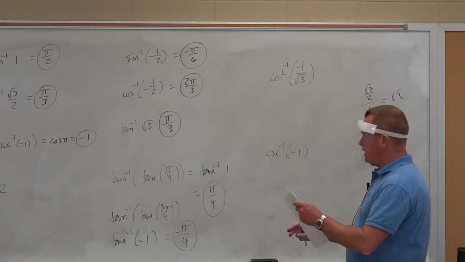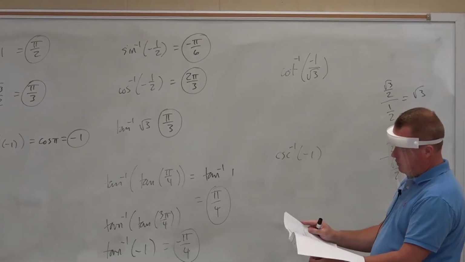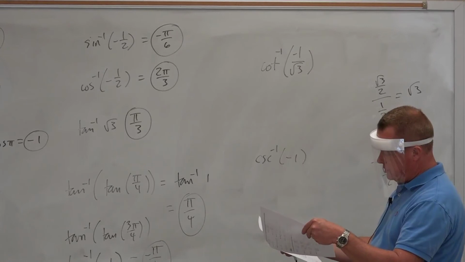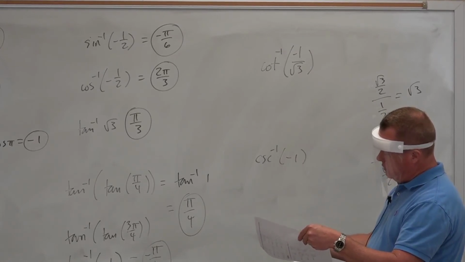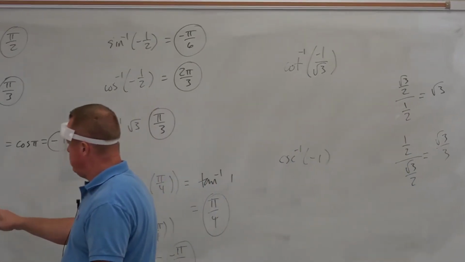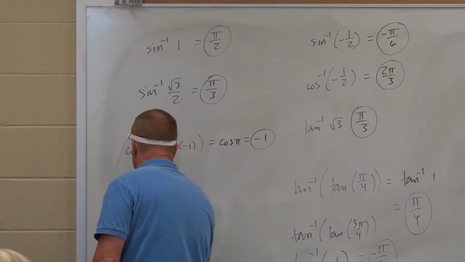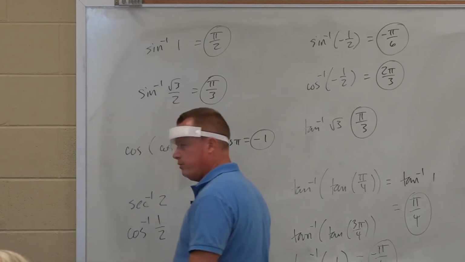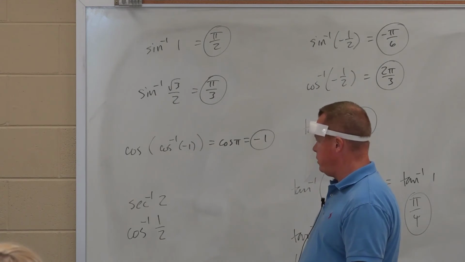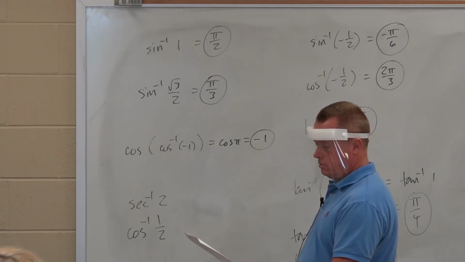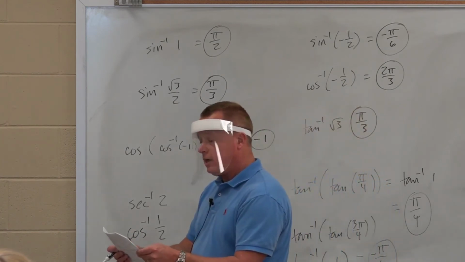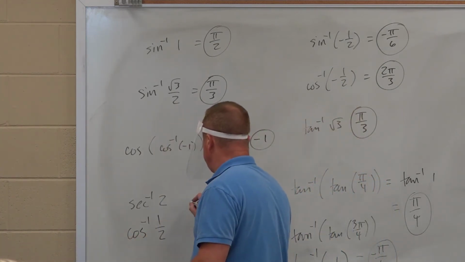Now, these other ones, I don't remember those. Where was the domain restricted for inverse secant? Quadrants 1 and 2, so it matches with cosine. So this is the same thing as the inverse cosine of 1 over 2. So where is the x coordinate 1 over 2? At pi over 3, so that's going to be pi over 3.